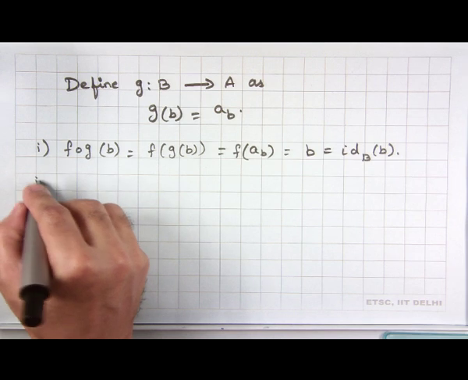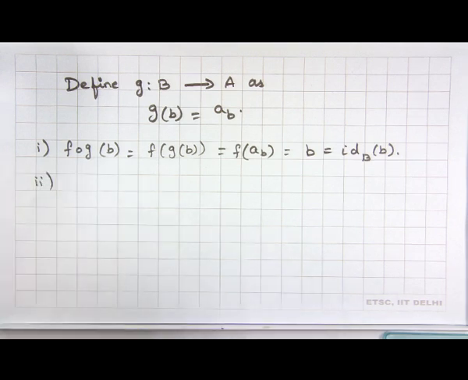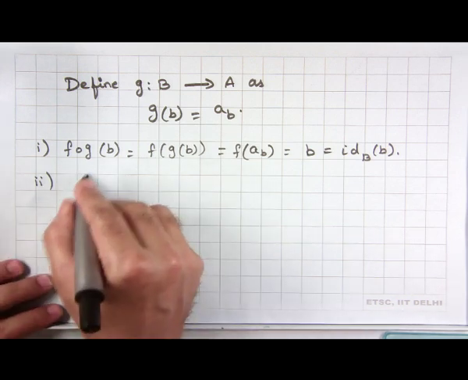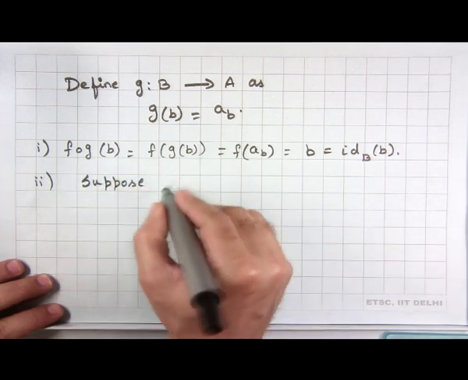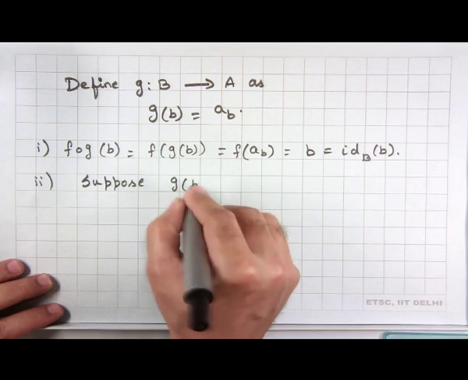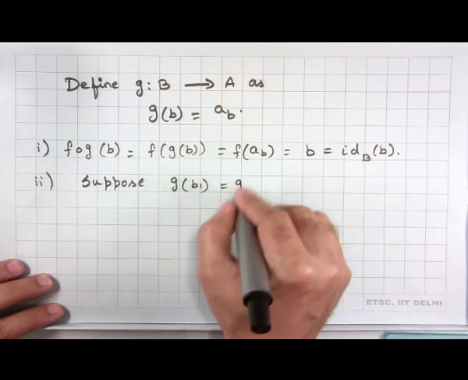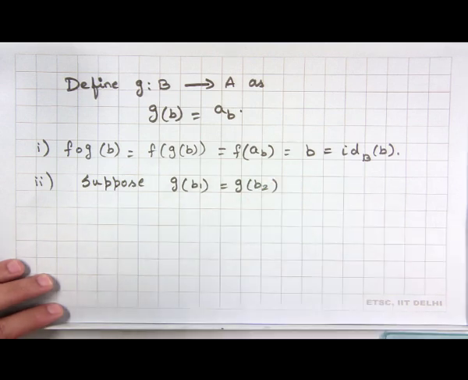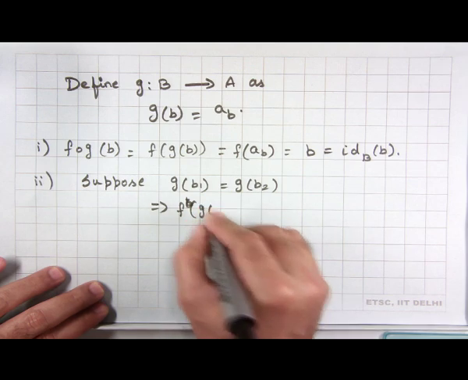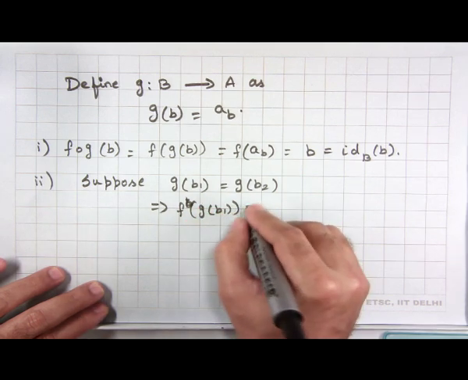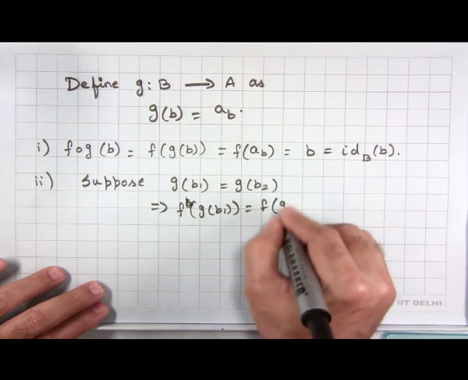The second one, we will have to verify that g is 1-1. Suppose g of b1 equal to g of b2. Let us apply f on that: f of g of b1 equal to f of g of b2.